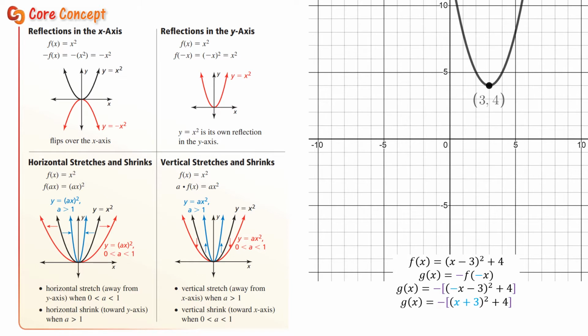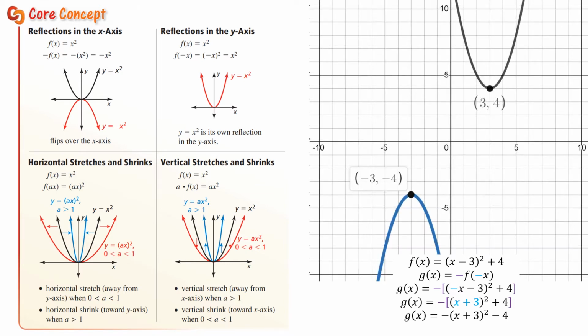When we do that, we should wind up with the x plus 3, just like in the last example. And now when we deal with the outside, with the amplitude, and distribute that onto the 4 as well, we'll find out that we have reflected across both the x and the y-axis. So our vertex that was in the first quadrant is now in the third, and what was oriented upward is now downward.